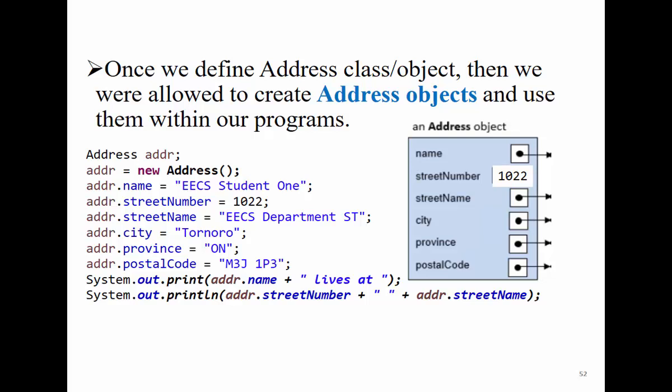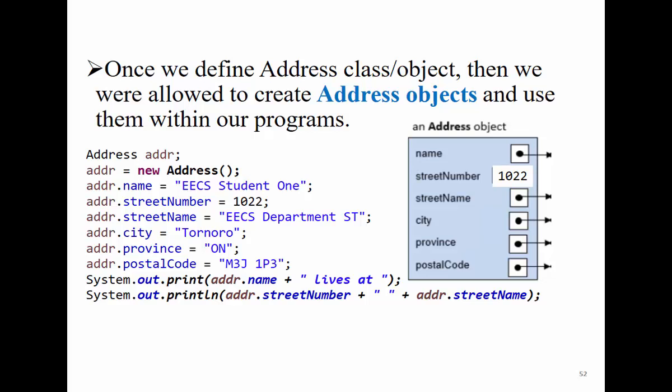This is an example for you. As you can see, I create an address, okay, then I create a new address to say that I want to create a space in the memory for the address. I can go directly to address.name and change the name of the address.